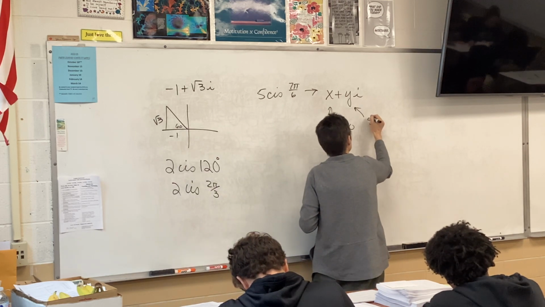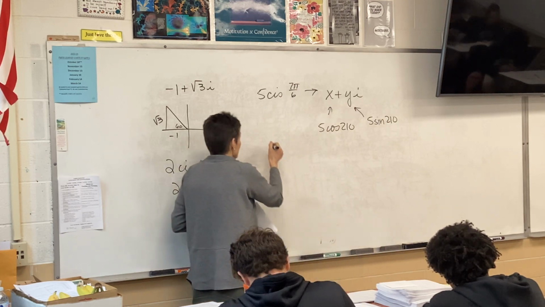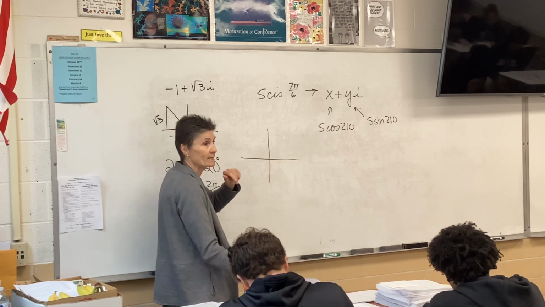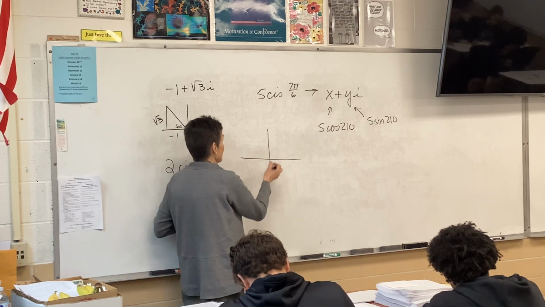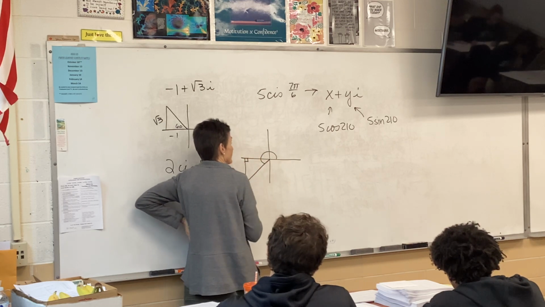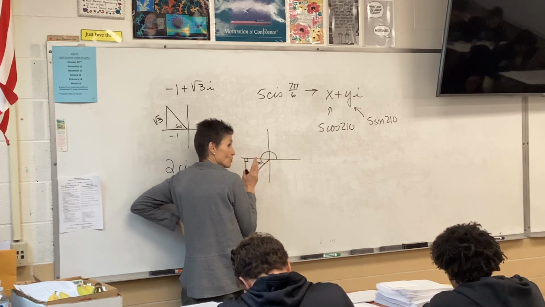And y is going to be 5 sine 210. So I'm going to find 210 degrees, or 7 pi over 6 radians, right over here. The reference angle is 30.